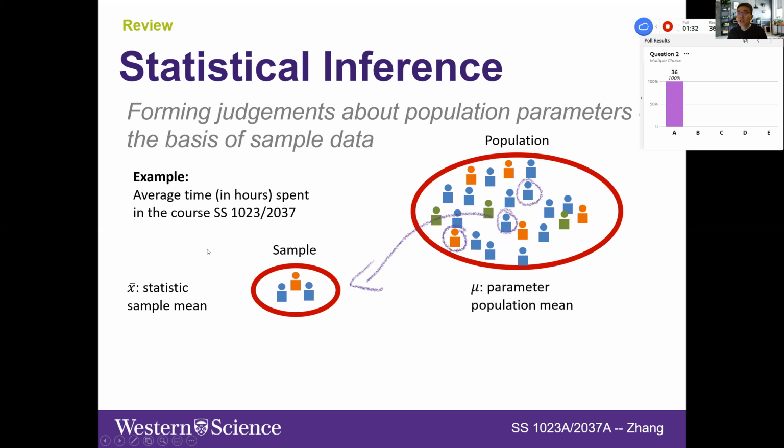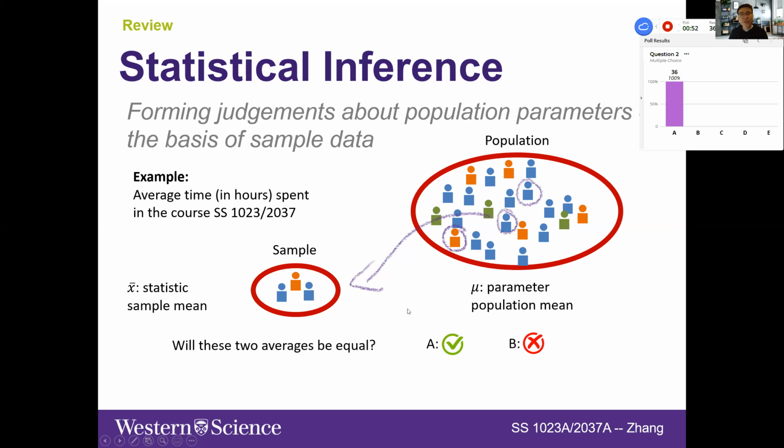In the previous lecture, we gave the example of the average time that students spend in the course. I also asked the iClicker question whether the X bar and the mu should be equal or not. As we all agree, these two values should be different, because we have certain variation in our sample, and although our sample is a subset of the population, they are not the same individuals. So we should expect the values to be different.